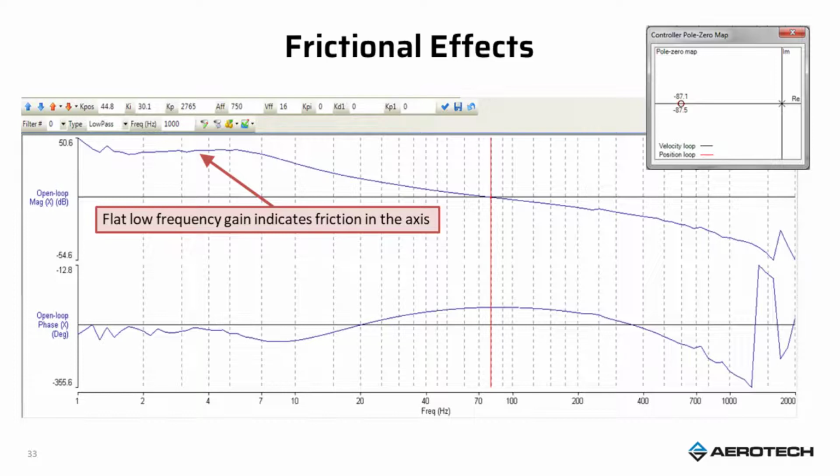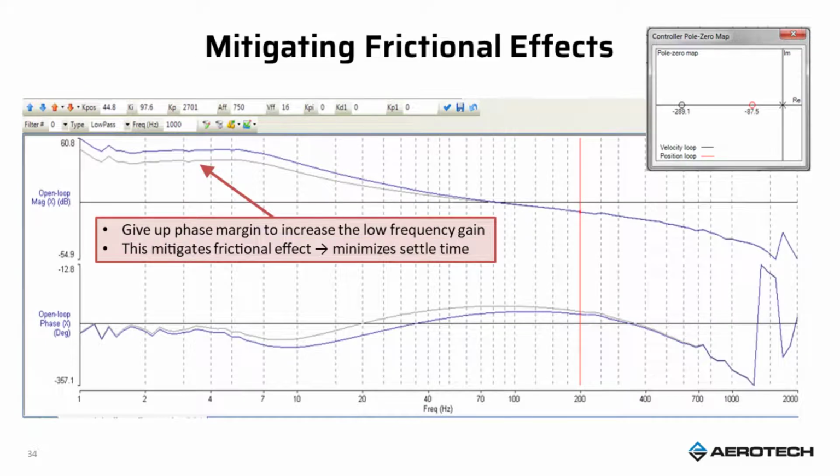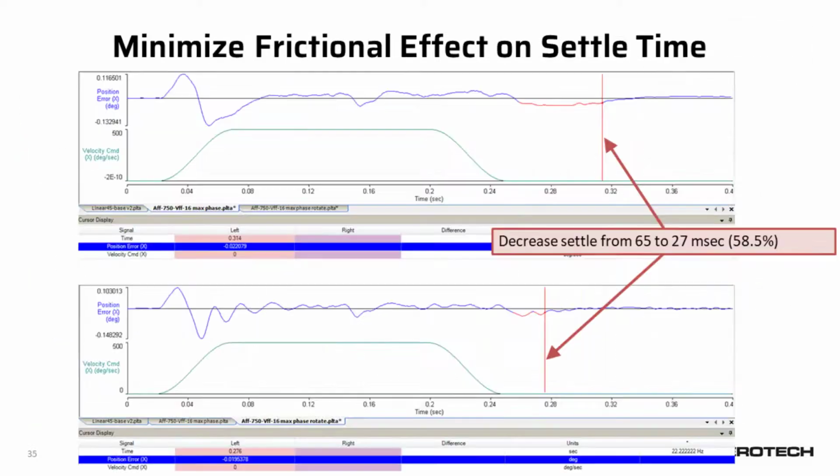A second area that we often run into is friction, and you can see that in the loop transmission here, that at the lower frequencies, below 10 hertz, I flatten out, and I don't really have that inertia line I would expect. This is an indication that I have some friction in the system. And so one thing that I can do to help my system is give up the phase. You can see that I have enough phase margin in the system that rather than raising the gain, what I'll do is give up phase so that I can get gain at the low frequency, and that will help me minimize my settle time.